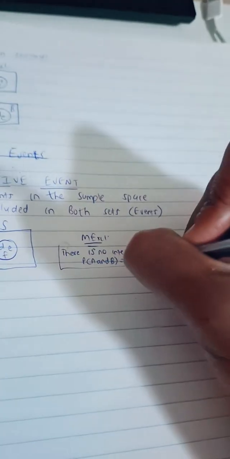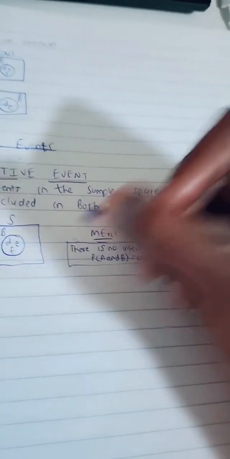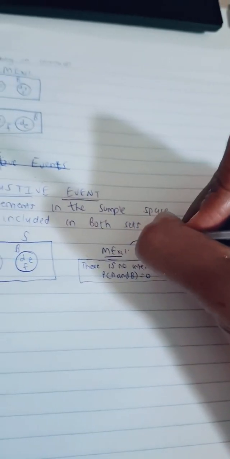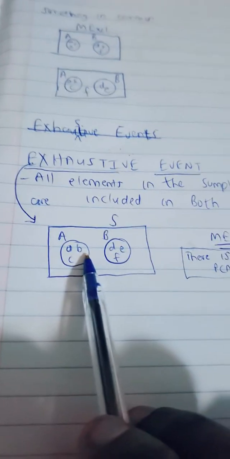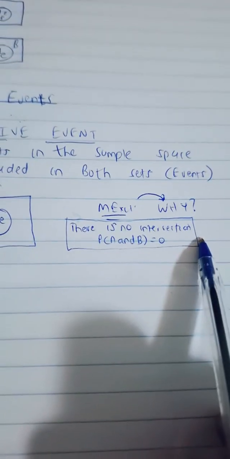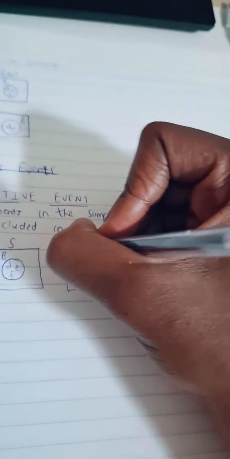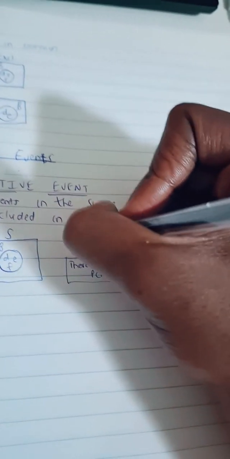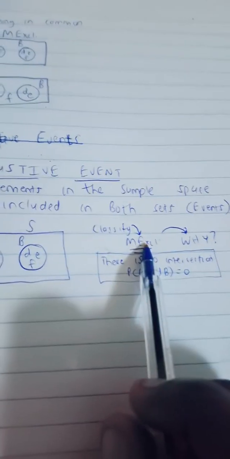This is our reasoning, guys. And this needs to be a package deal. If they ask you to classify the following event and give a reason, you classify it, of course, and you say mutually exclusive.